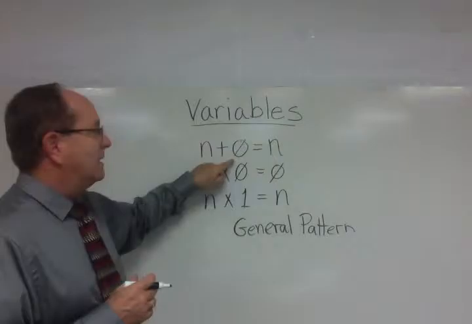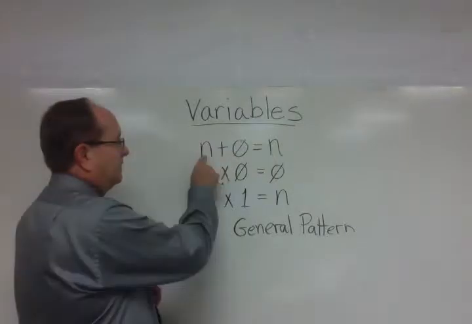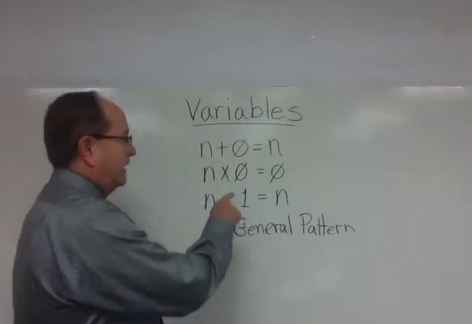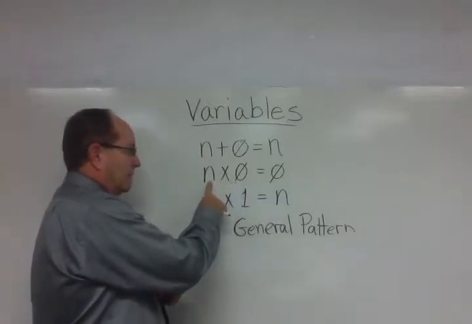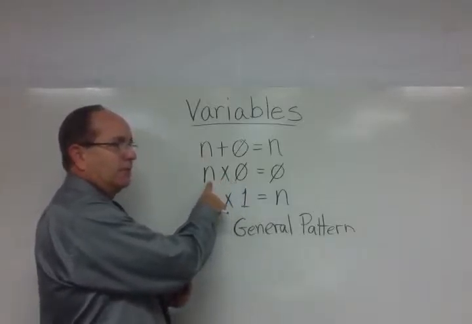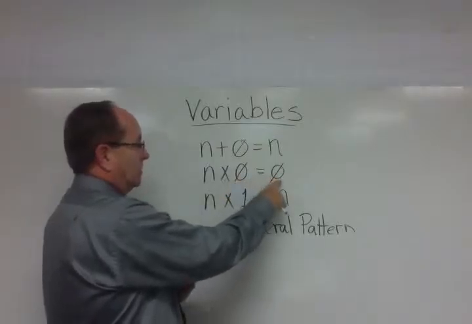So that is one property or law, or a general pattern that always works with everything you put into that variable as an answer. And then I have another one here, n times 0 will always equal 0. So that is another property of math called the zero property of multiplication, that anytime I multiply a number, which I can replace n for any number, times 0, I'm going to get 0.